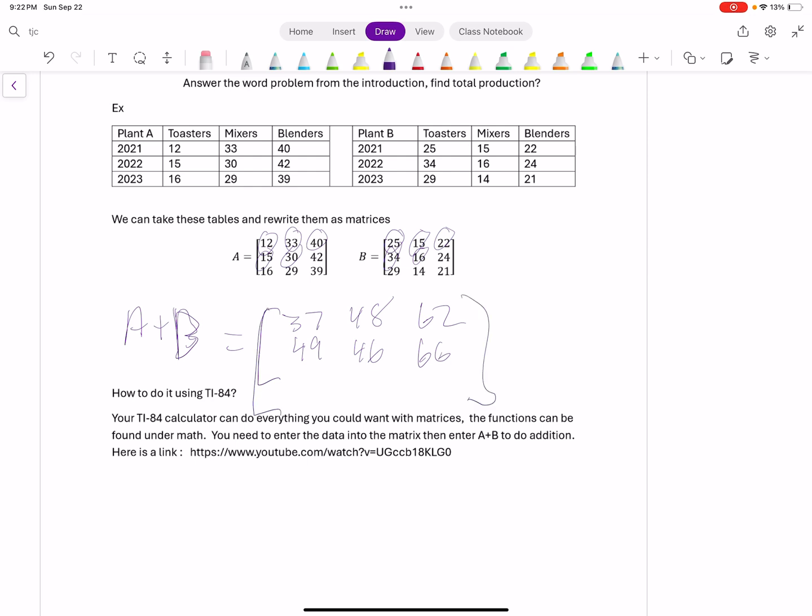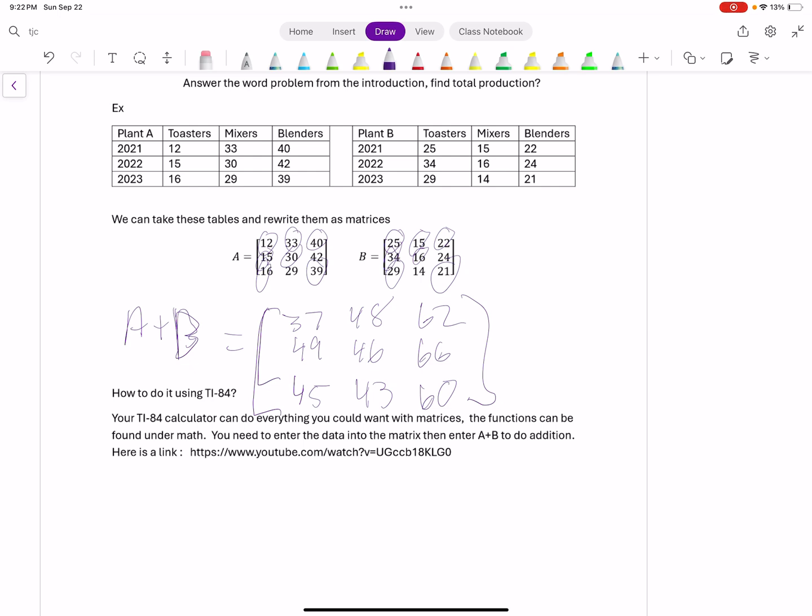And the last one, 16 plus 29 is 45. 14 plus 29 is 43. And then 21 and 39. So 39 plus 21 is 60. Okay. So the total productions for those two plants over the years is this matrix.